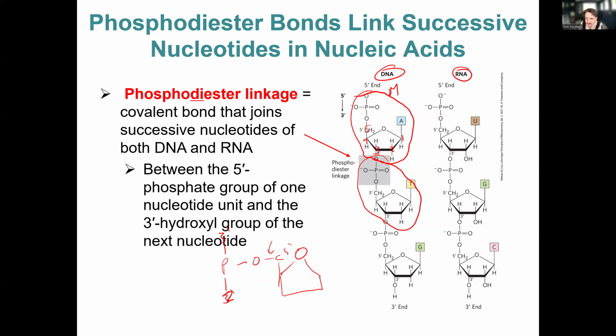Then there's the phosphate attached to the 5' position, and then if we had another sugar, 1, 2, 3, it will be attached to the next one along at the 3' position of the next sugar along, and then this forms. You've got 1 phosphoester bond, 2 phosphoester bond. So this is now known as a phosphodiester bond.